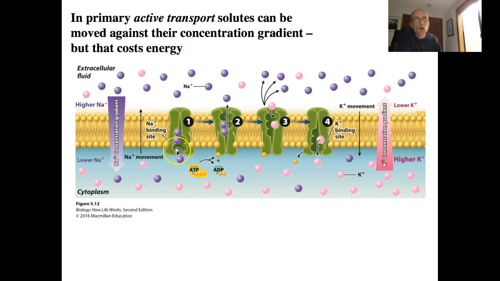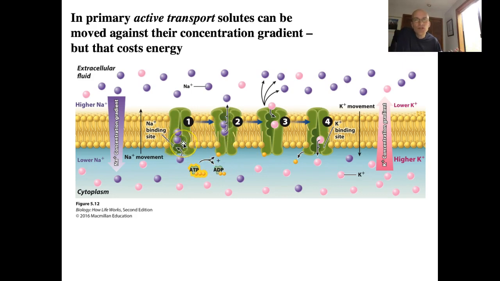So it loads the membrane protein, and then after the breakdown of ATP, which is the energy currency, a molecule that's high in energy, and we'll talk about that in much more detail later on. For right now, it's good enough to just know that it's a molecule and it contains energy. When that molecule is broken, it releases the energy, and that energy is then used for the conformation change.